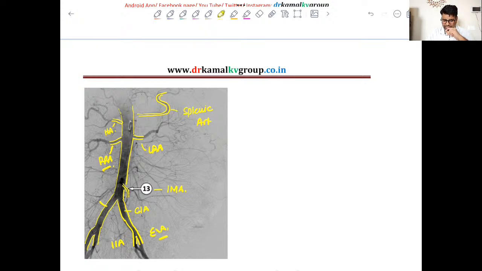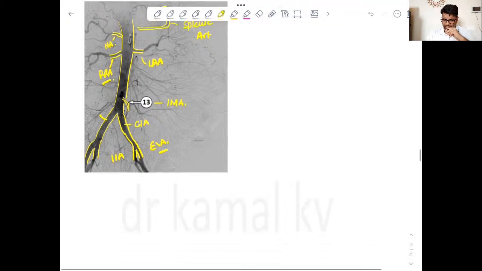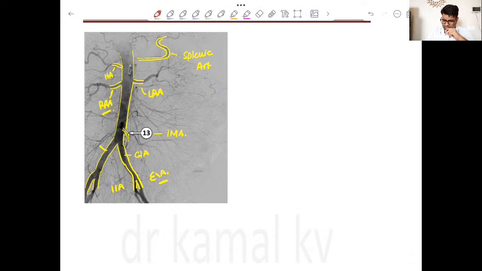So this is a basic representation of the abdominal aorta and its branches, right? And again I am telling you, it is very complex anatomy, although when we discuss we always discuss it in a very simple manner, but it is very complex, right?